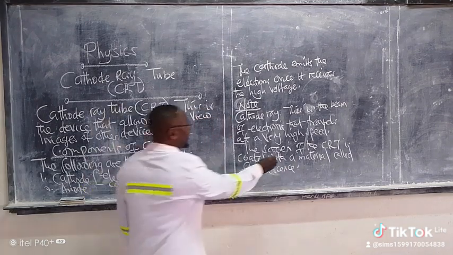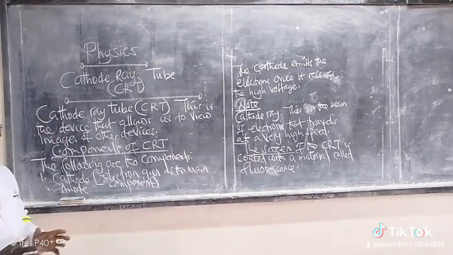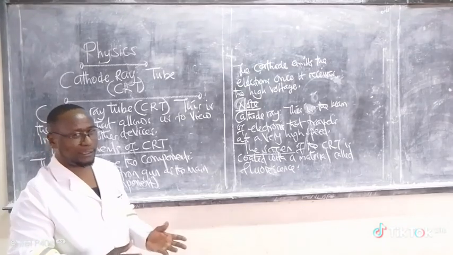The screen of the cathode ray tube is coated with a material called fluorescence.